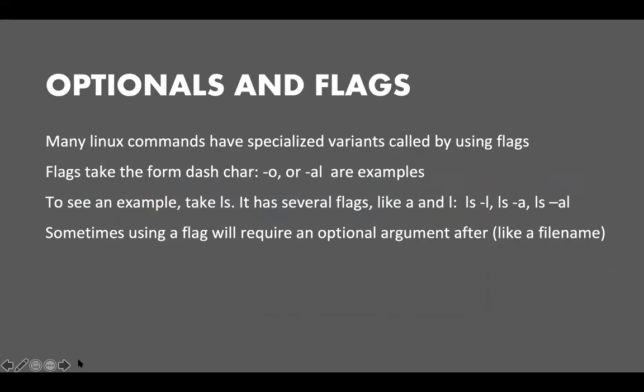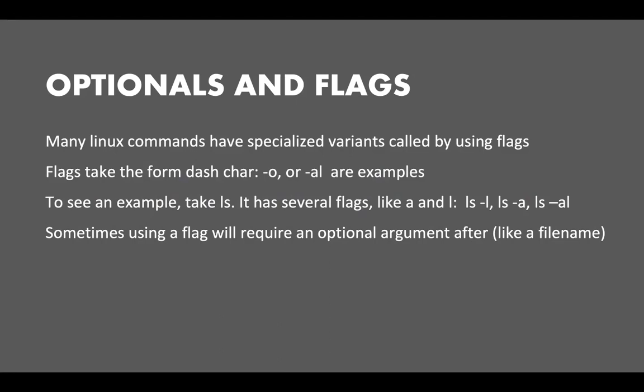All right, so now we have the basic commands of pwd, cd, and ls down. We can actually specify flags right after the command to provide extra functionality. The syntax to specify a flag takes the form of a dash followed by a character, with no space between them. An example we can see is the ls command. It can take in the flag a or the flag l, or even both a and l.